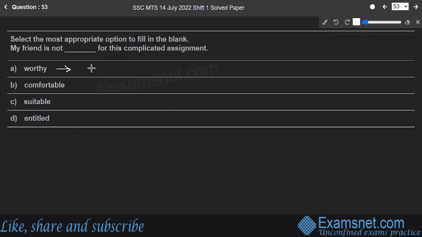So, the very first one, worthy. Worthy means a person who is important in a particular sphere. There is a word comfortable, which means being at ease.